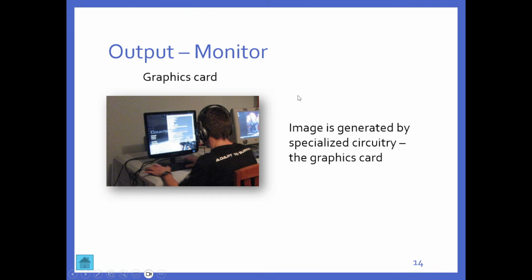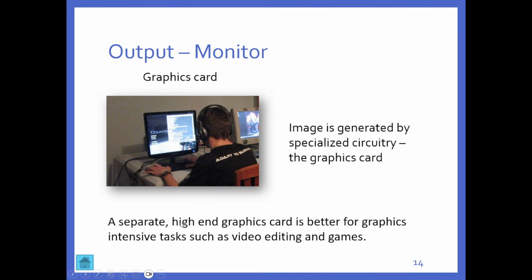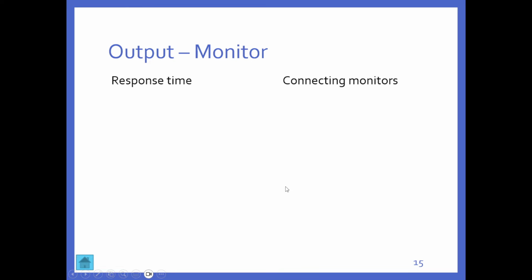We also have graphics cards, and this is where the image is generated by specialized circuitry. So it's a special card that plugs into the PC that gives us separate high-end graphics for things like games, video editing, etc.